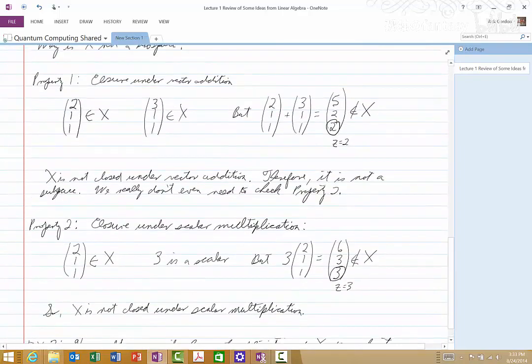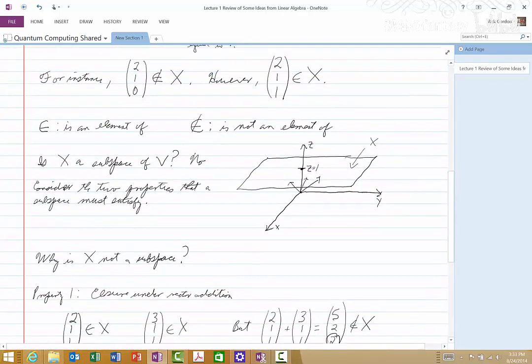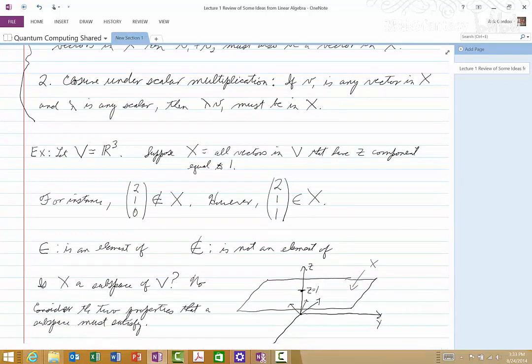Remember, let's just review real quickly the definition of X. If we come up here to where we defined X, it is the set of all vectors in V, which is R3, that have Z component equal to 1. Can you modify that definition?